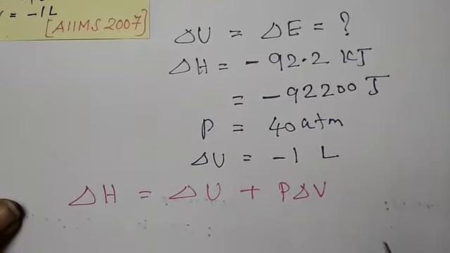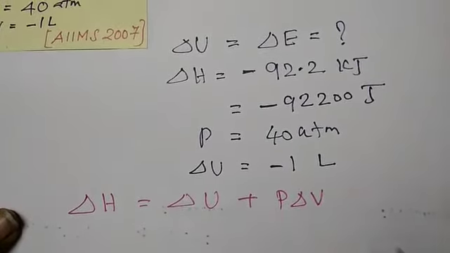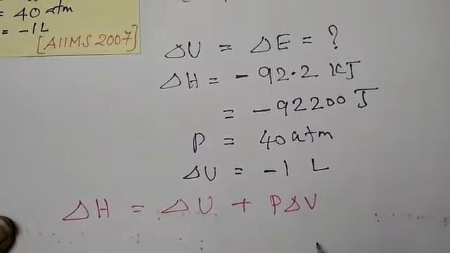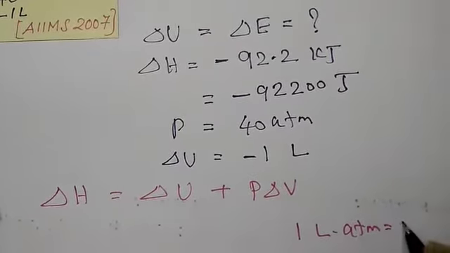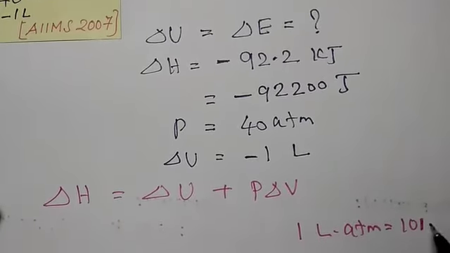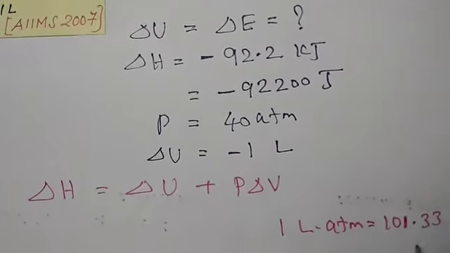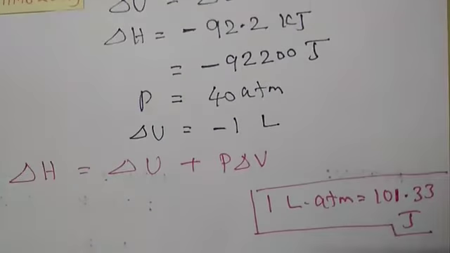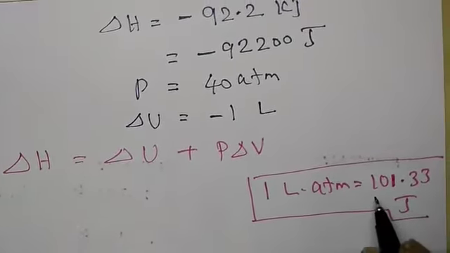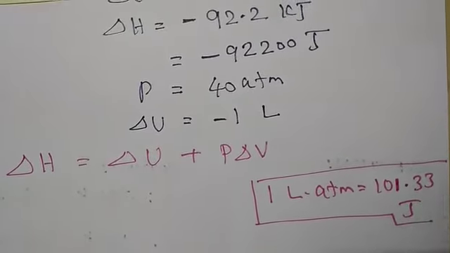One more relationship we need for conversion: 1 liter atmosphere is equal to 101.33 joules.